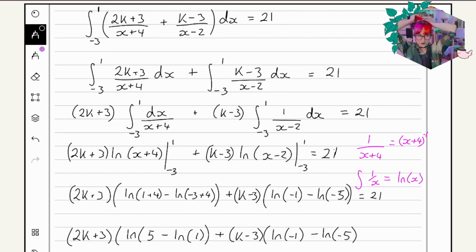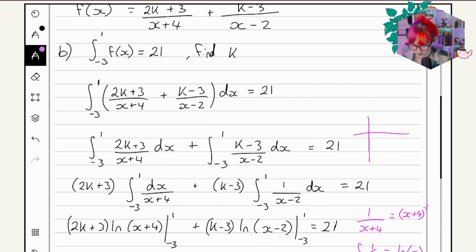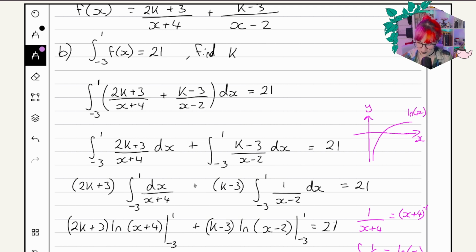Because what we can do is, again, if we think about what log looks like, log is this function here. It gets super, super close to 0, but it's asymptotic, so it never quite touches it.